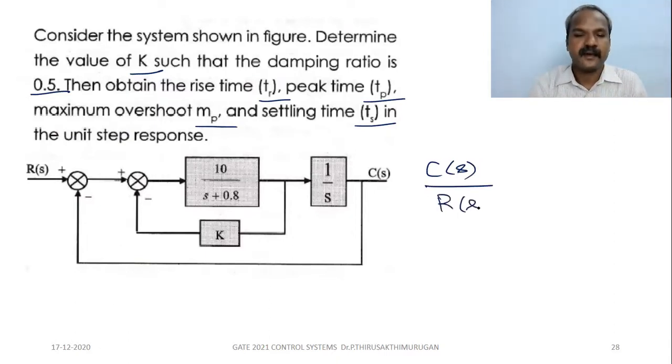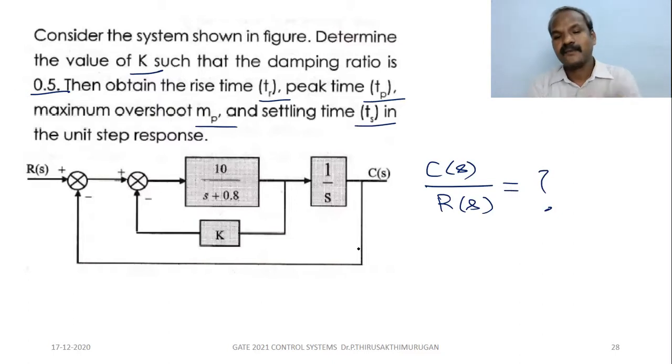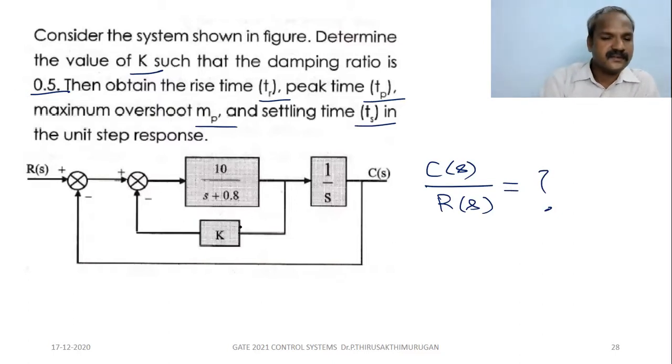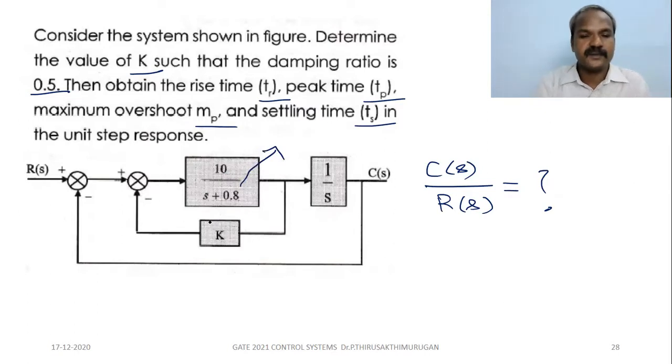Then compare with the standard second order system. First, to simplify this loop, what is the loop value? You can directly write it; practice how to simplify this so we can save time.